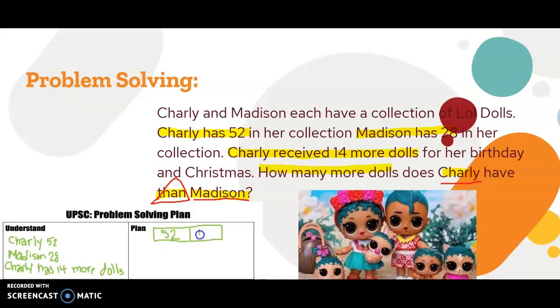She also has 14 more, which we need to find the total of. And once we find the total of dolls that Charlie has, then we can compare Charlie's dolls to Madison's dolls, which is 28.